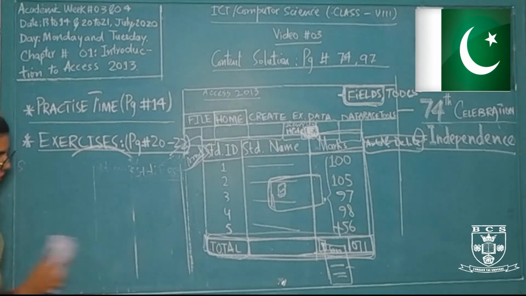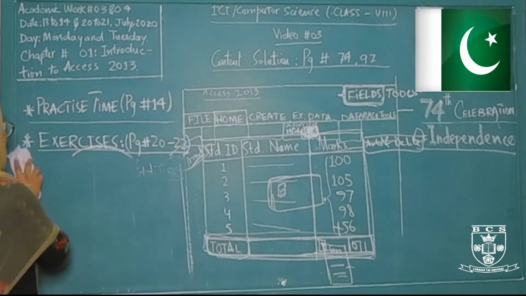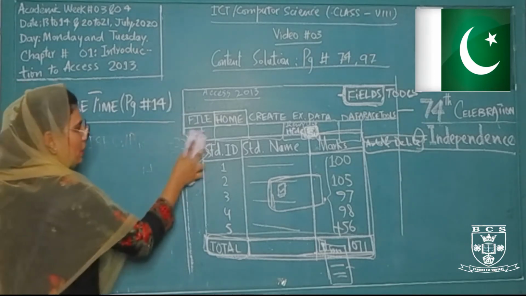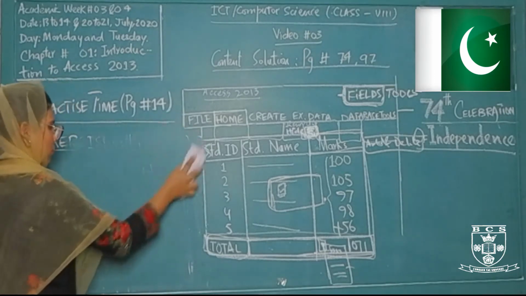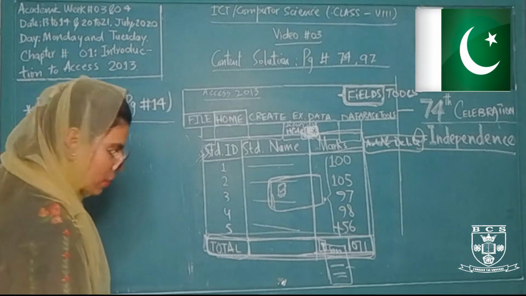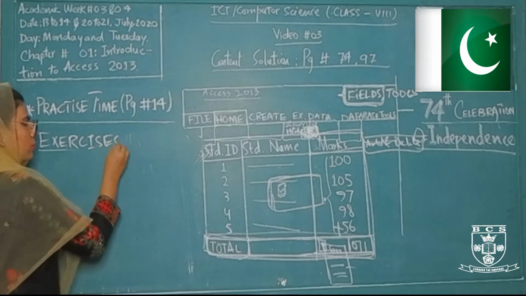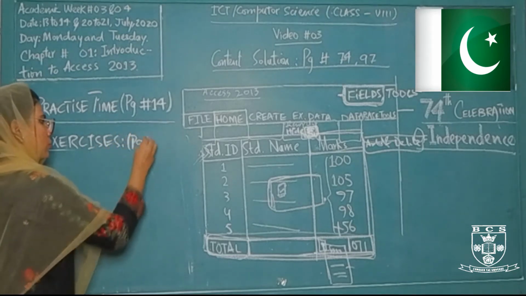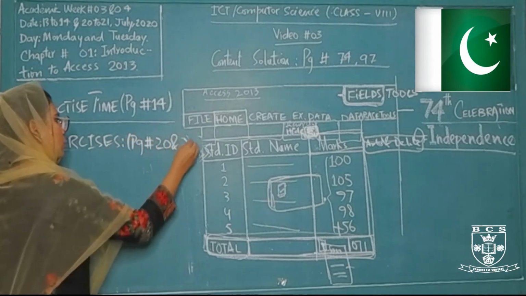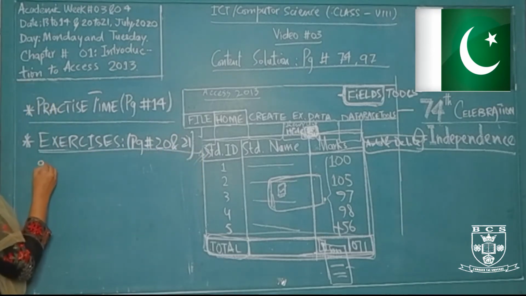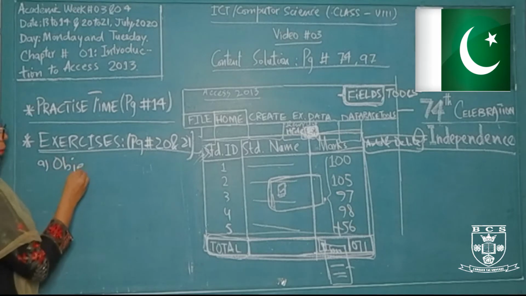After that we are having descriptive type question, and these 2 exercises have been solved in your week number 2 from content solution page number 46 and 47. Yes, first exercise is your objective type question.